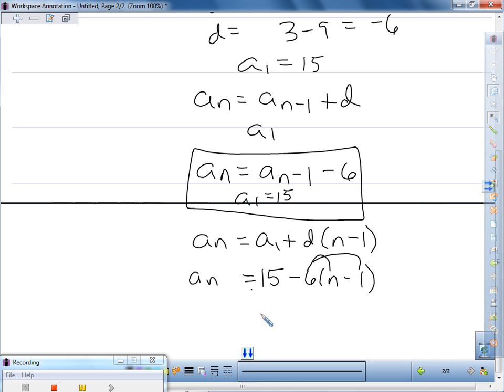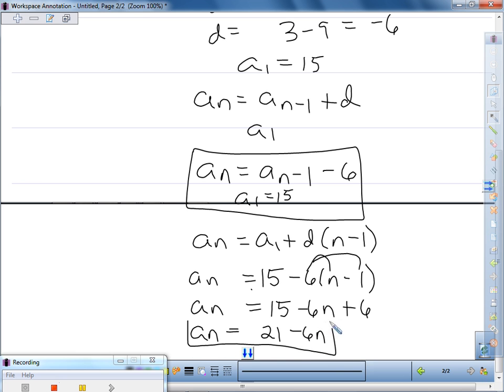Distribute the negative 6 so that we get 15 minus 6n plus 6, all equal to a sub n. Combine like terms, so we end up with a sub n is equal to 21 minus 6n. Now that's our explicit formula.